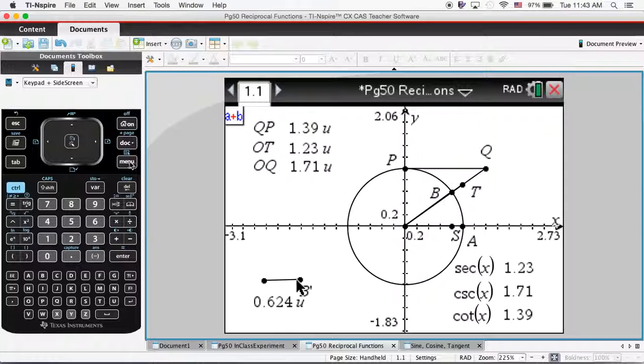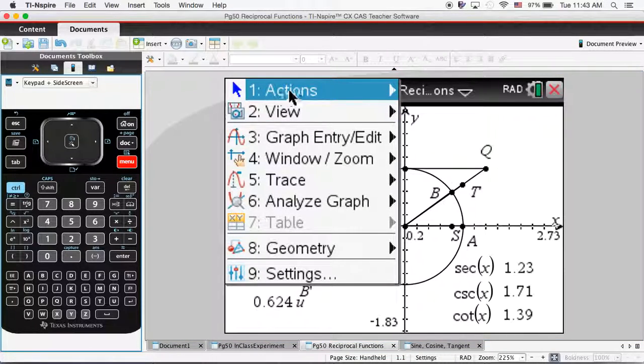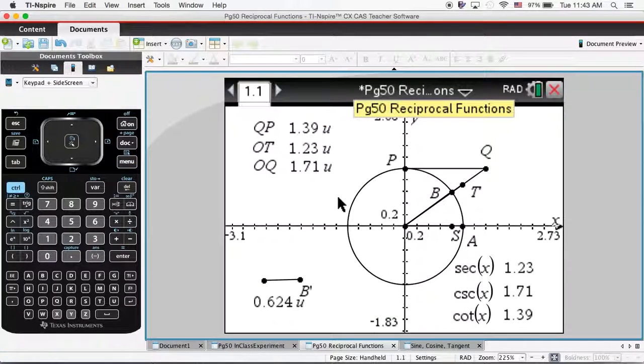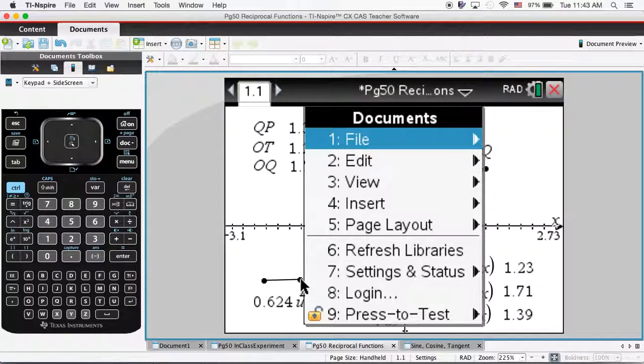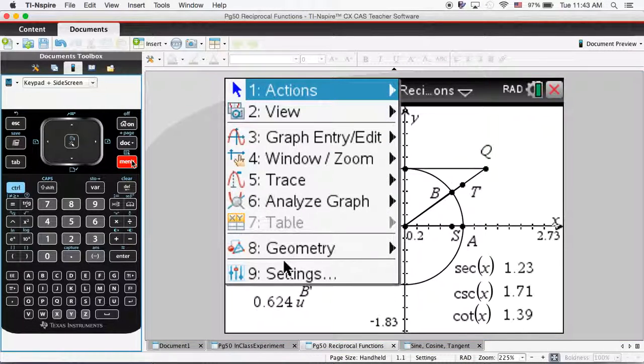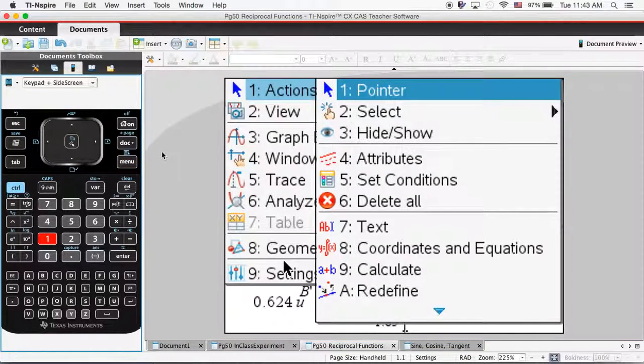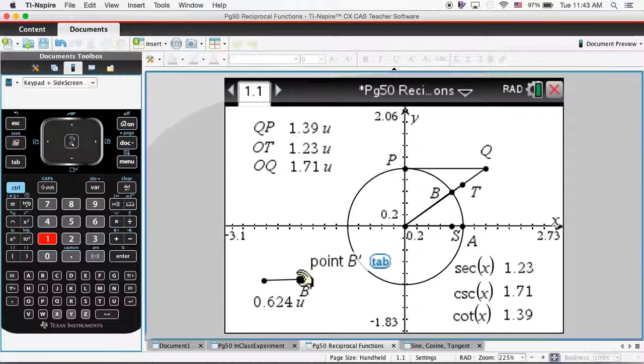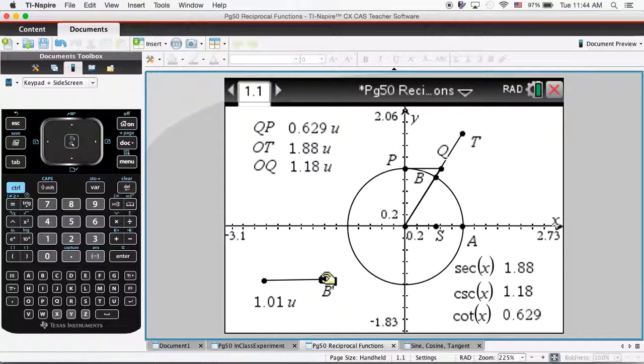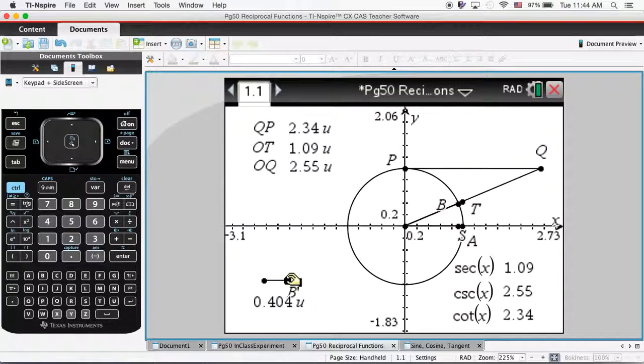So let's move this B prime so that B moves around the circle to see if that actually stays the same. If I move B around, those relationships are still invariant, meaning that the relationships are not changing.